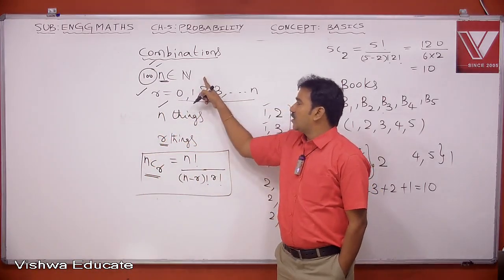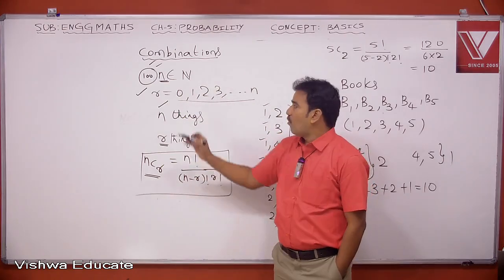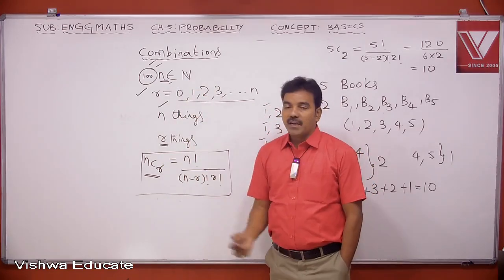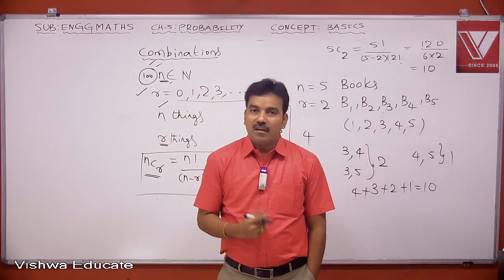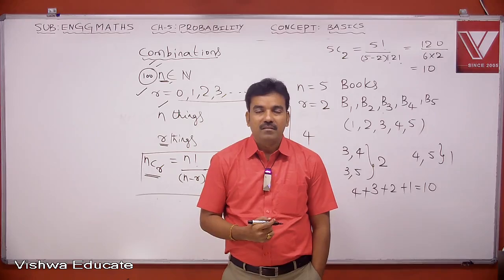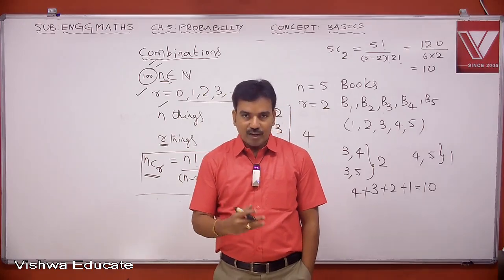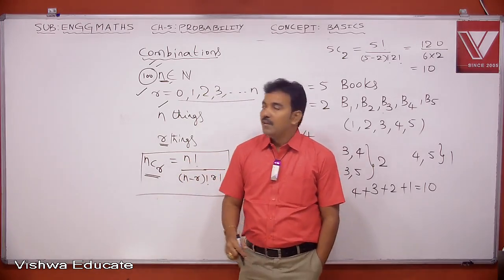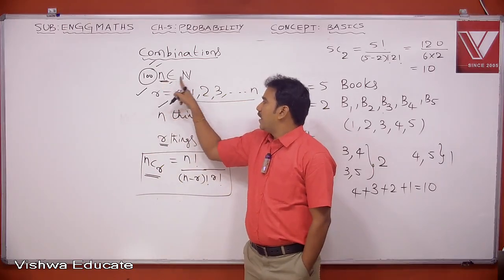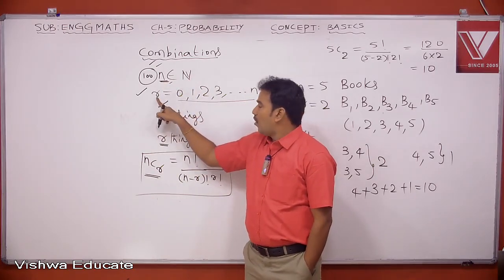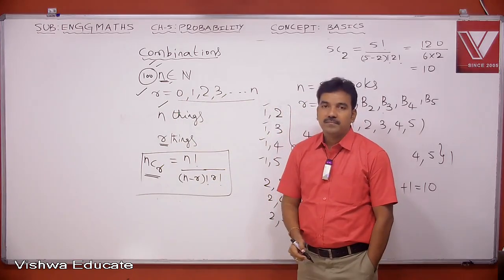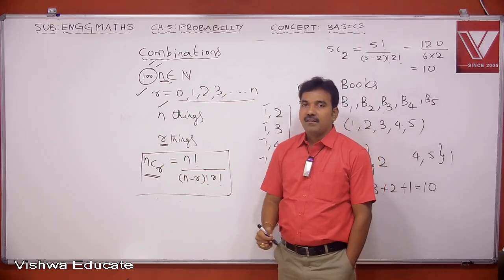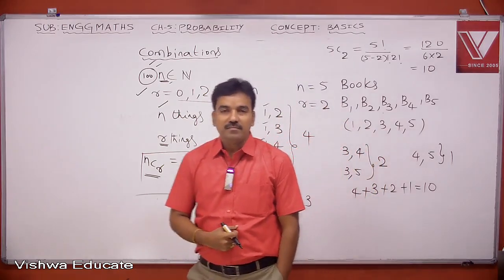Let small n be a natural number and small r be a number ranging from 0 to n.